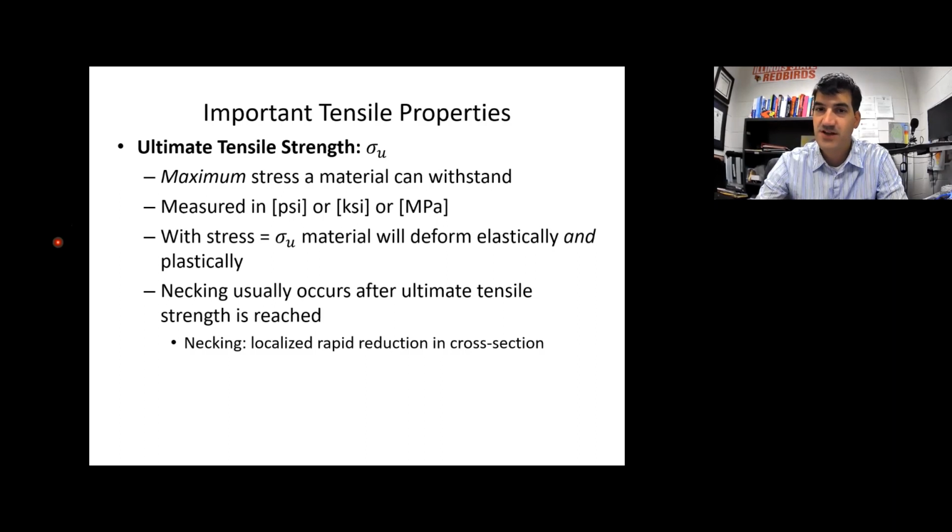We measure it in PSI or KSI or megapascals, so it has the same units as yield stress or yield strength. When a material reaches the ultimate tensile strength, of course, we're beyond the yield stress now, so we are going to have both elastic and plastic deformation in that part. And usually, right around or right after the ultimate tensile strength, that's when we start getting necking in the material.